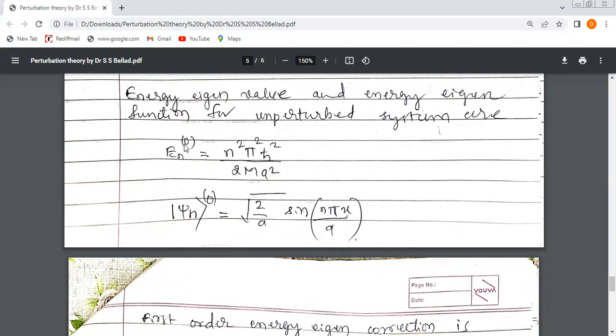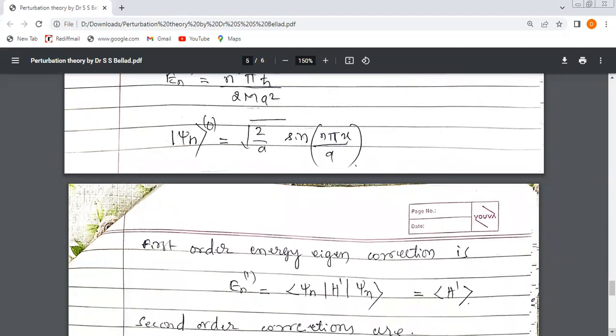So these are the eigenvalue and eigenfunction equations obtained by applying the Schrodinger wave equation for the unperturbed Hamiltonian. This was studied in earlier chapters.